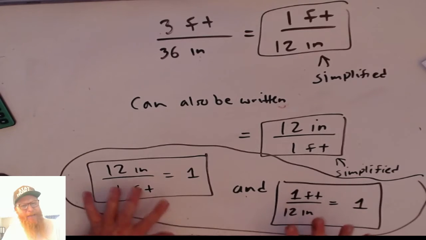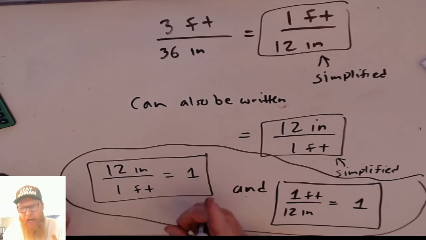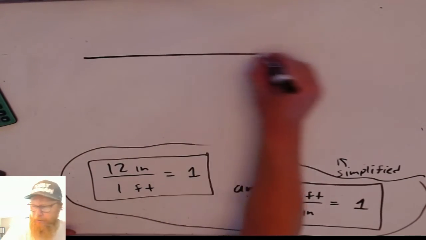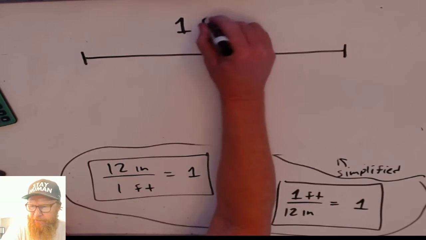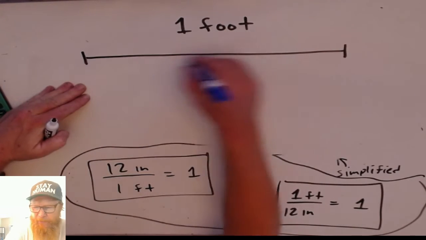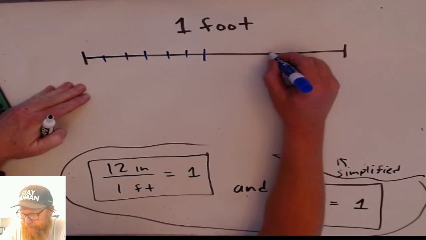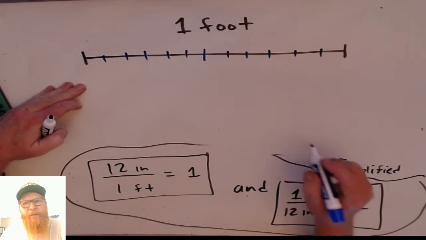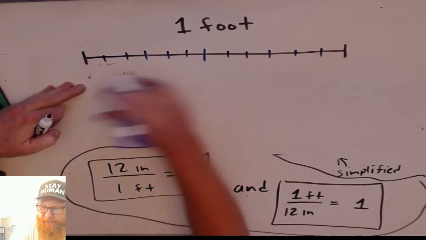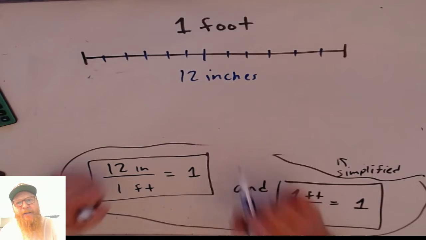This is a little bit geometric, really. At least this particular presentation of it is. You don't really have a triangle here, but if you drew a line and you called this 1 foot, and then you divided it up into 12 inches, each one of these being an inch, you've got all these inch marks.